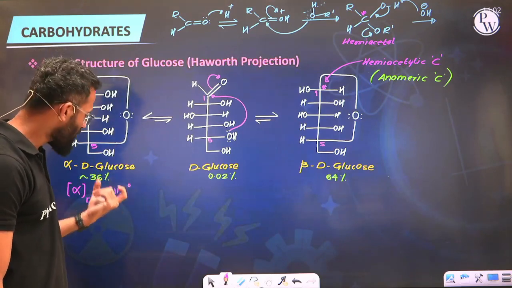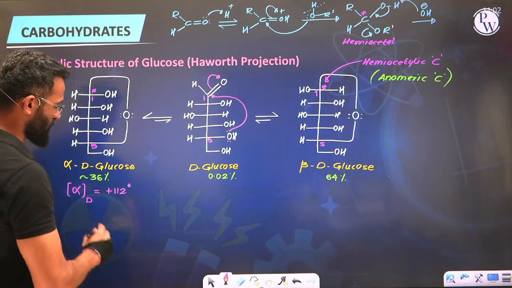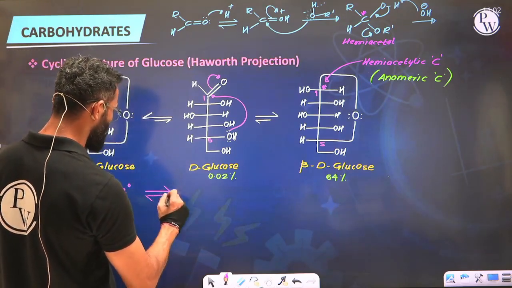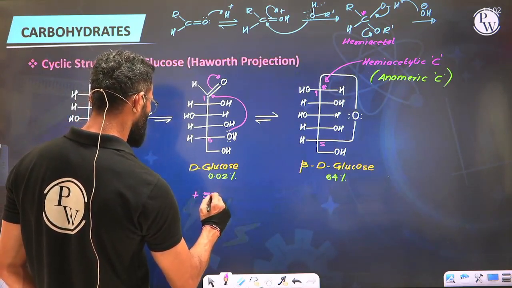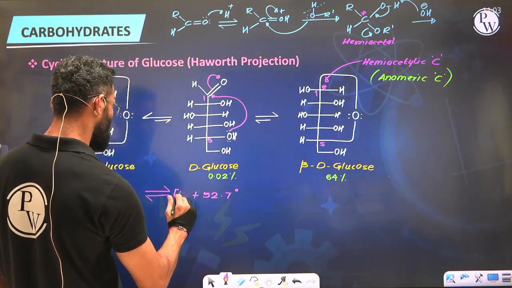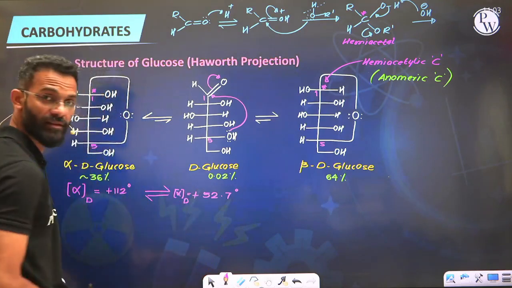But if you allow that solution to stay for a while, you will see the specific rotation changes from plus 112 and settles at plus 52.7 degrees. That is the specific rotation observed after letting it settle for some time.